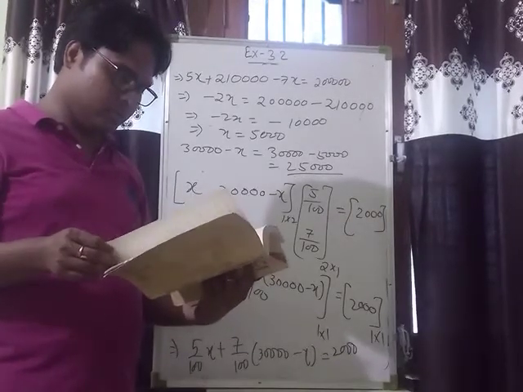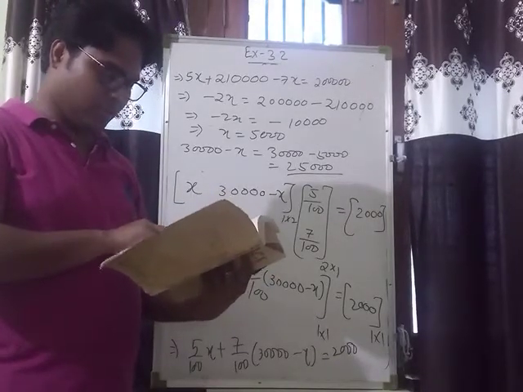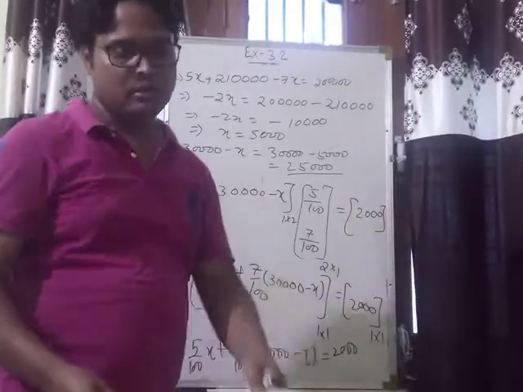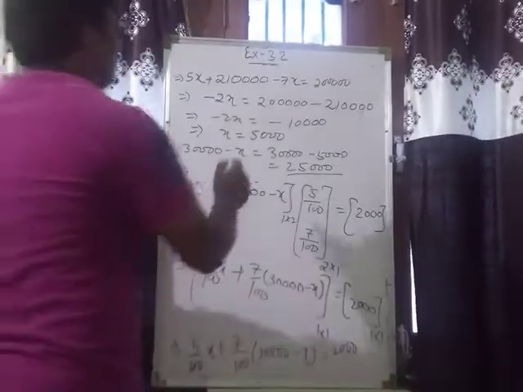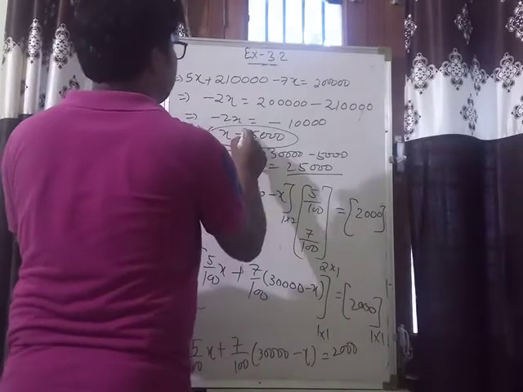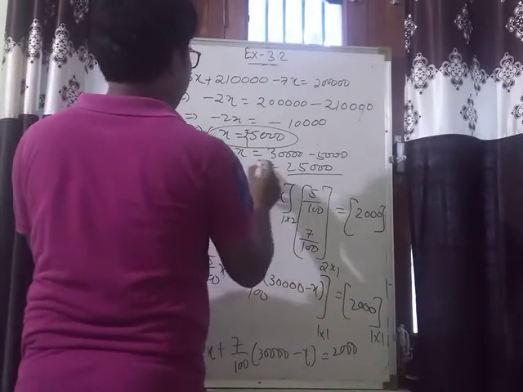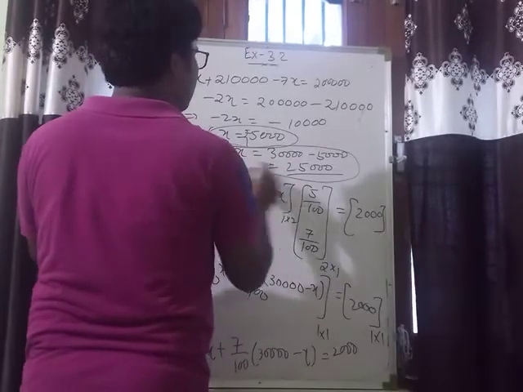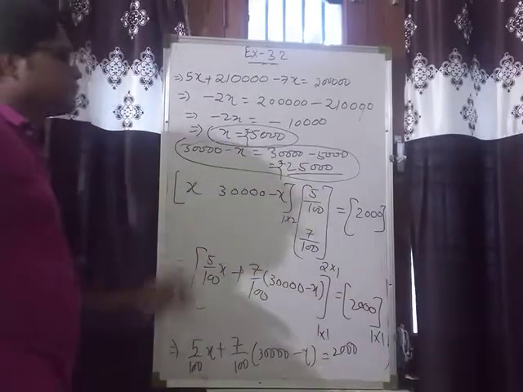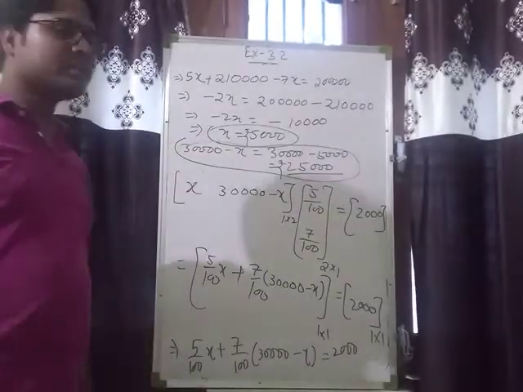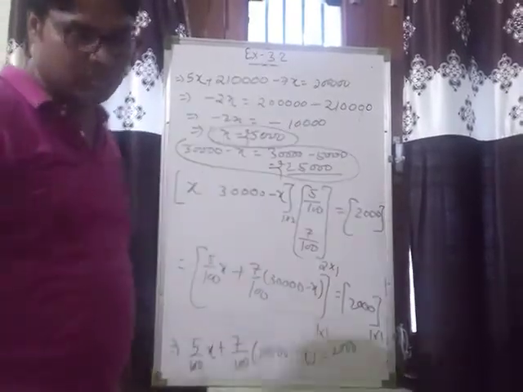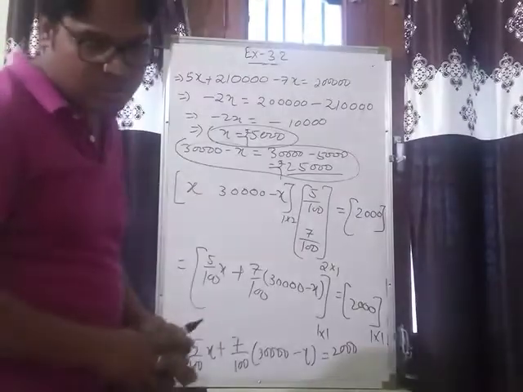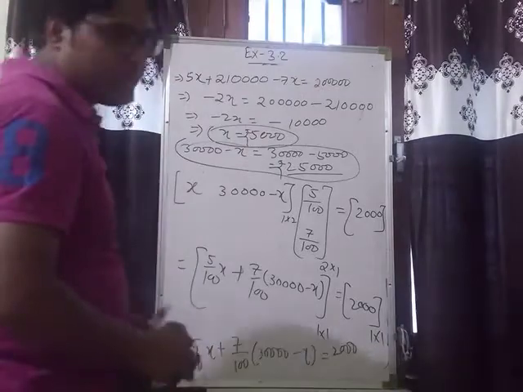Exercise 3.2, 5,000 and 25,000. Okay, so that is rupees 5,000, and the second one is rupees 25,000, and that is solved by using the matrix method. Now read the next question, question number 20.